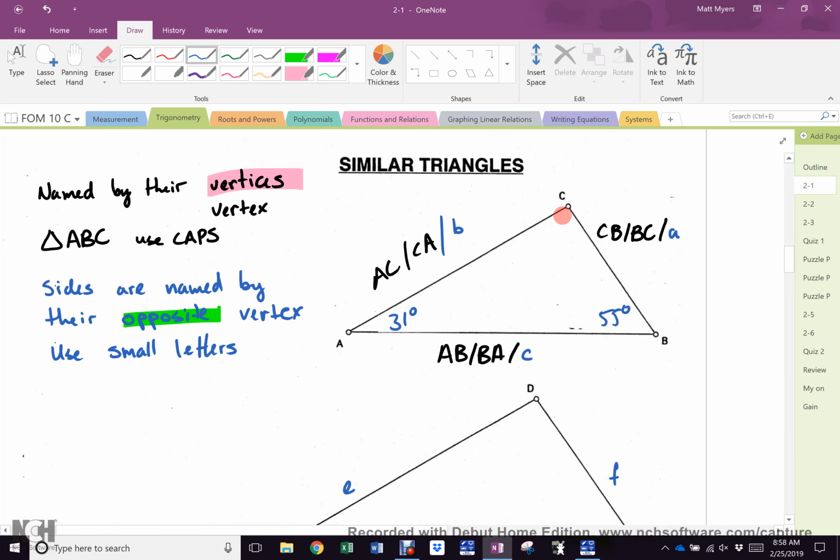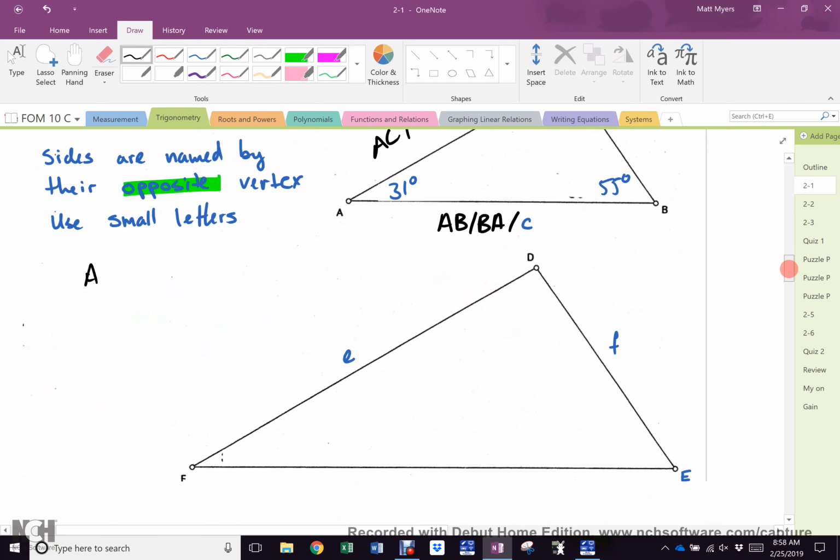So how big is angle C? That's 31. That's 55. It's 94. Why? Right. Angles have to add up to 180.